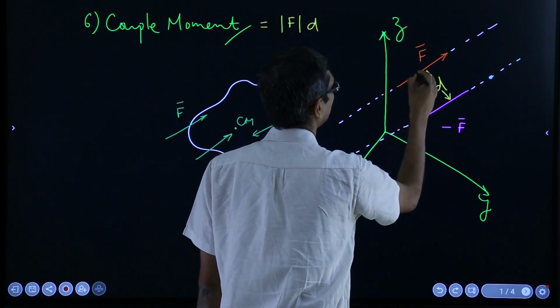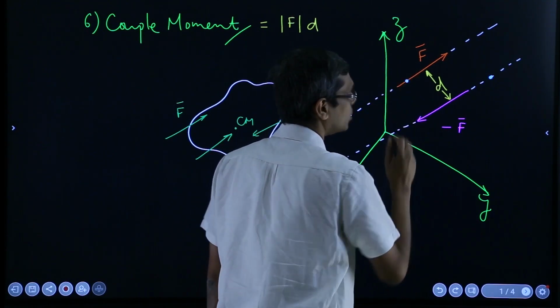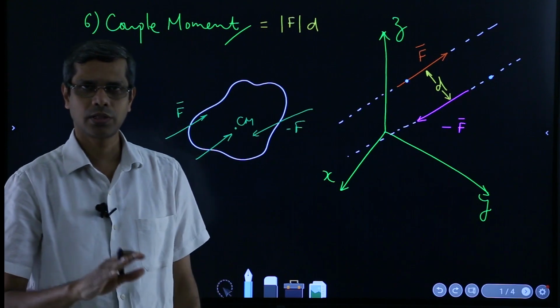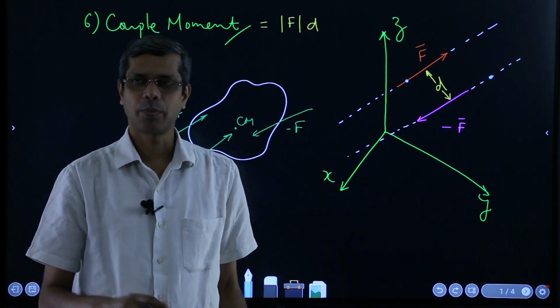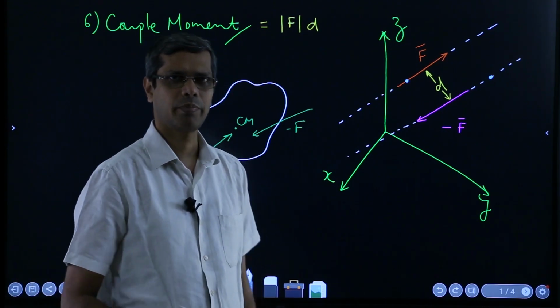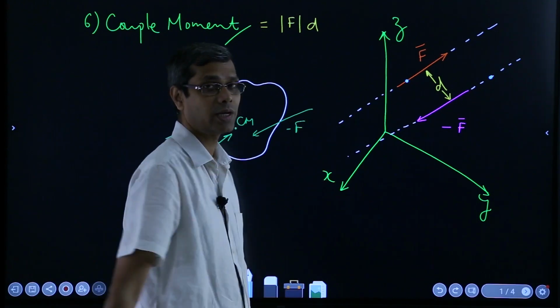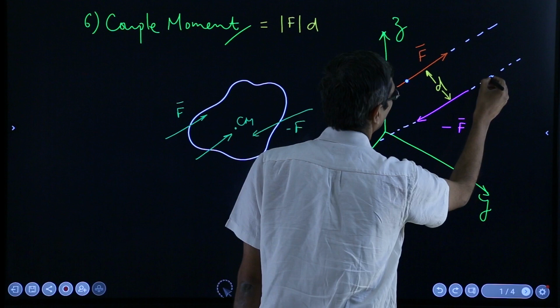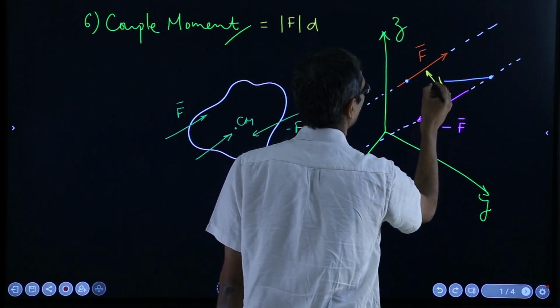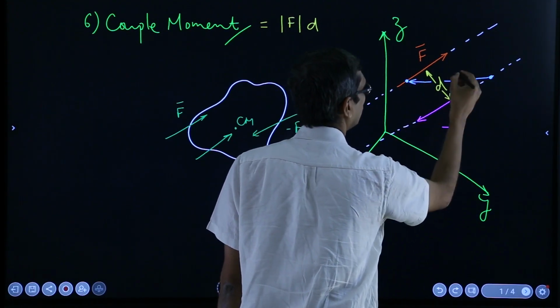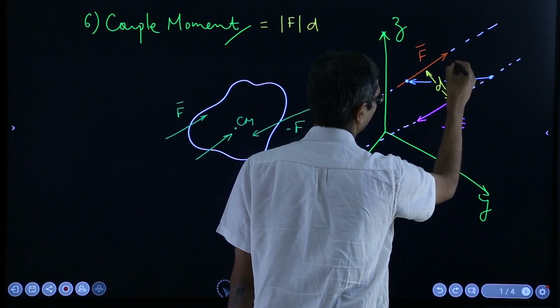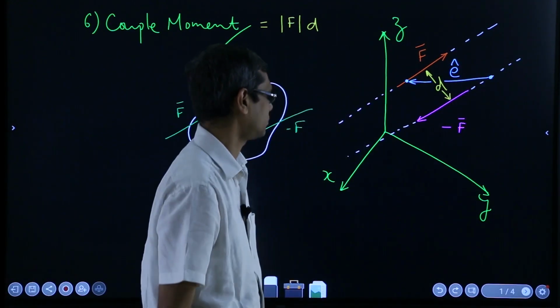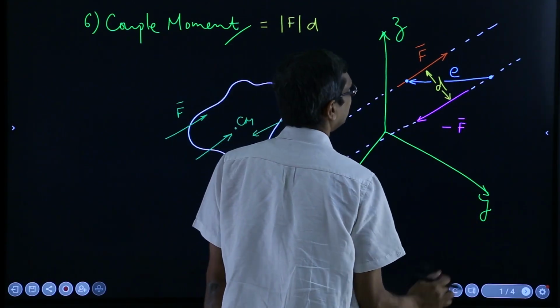Picking of these points is based on your convenience, on the geometry and the problem definition. Based on that, you pick these two convenient points, join them like that and call this vector E, not a hat, vector E.